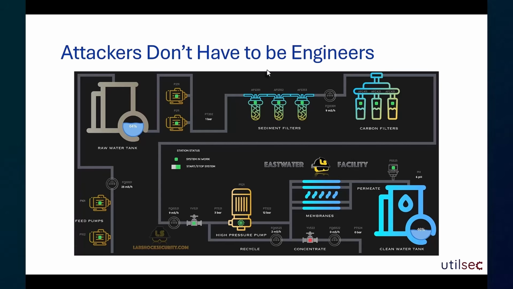What are some of the ways that I need to be aware that, as a pen tester or an attacker, I could have an impact in the environment? How could I shut down the environment so customers don't get any water? How could I do damage to the equipment so the water company has to replace it, which might take days or weeks or months, which also results in customers not getting water?